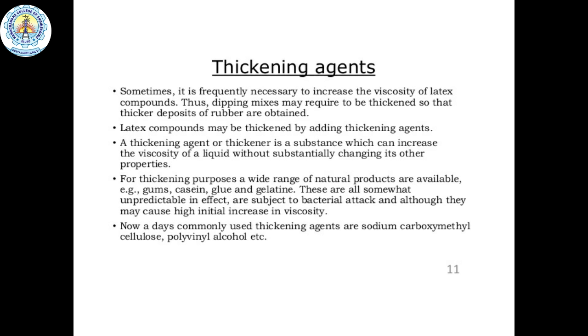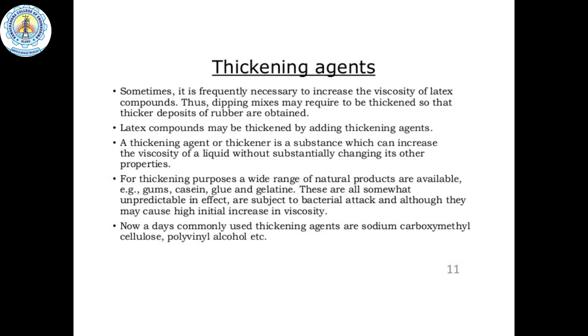Frequently it is necessary to increase the viscosity of latex compounds. Thus, dipping mixes may need to be thickened so that thicker deposits of rubber are obtained. Latex compounds may be thickened by adding thickening agents. A thickening agent or thickener is a substance which can increase the viscosity of a liquid without substantially changing its other properties.